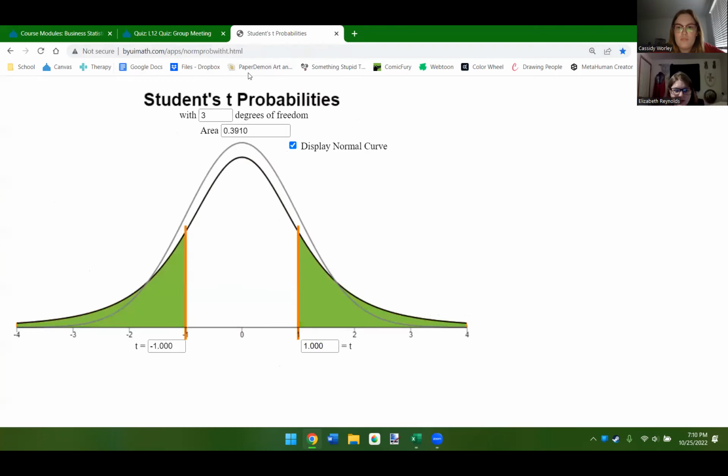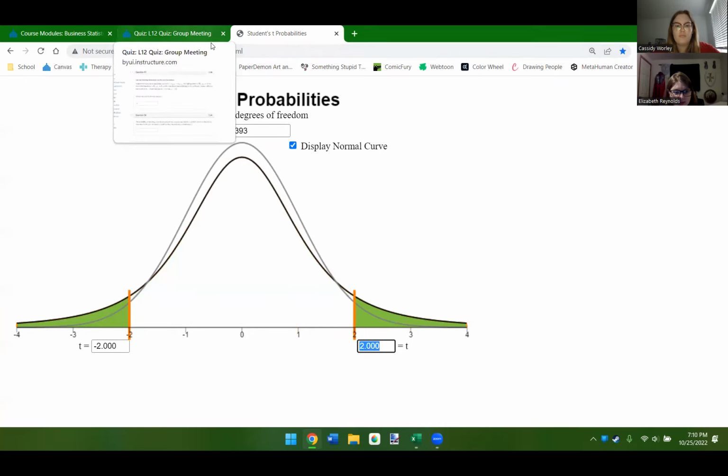I see where the test statistic should go, but we don't have degrees of freedom. I don't know if that matters.